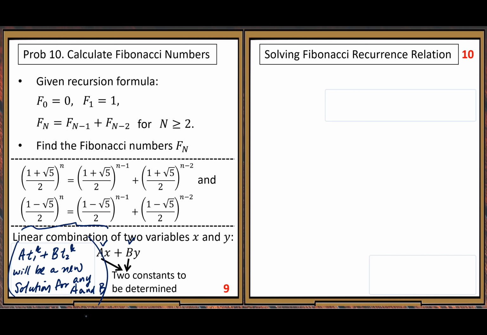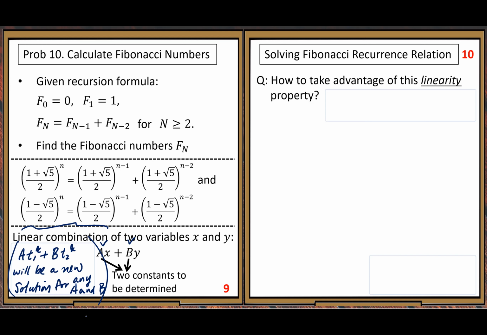The reason why, for any capital A and any capital B, this linear combination works is that if you plug it into our original recurrence relation, by the linearity property, this must be a new solution. That's why the linearity property is important for this equation.